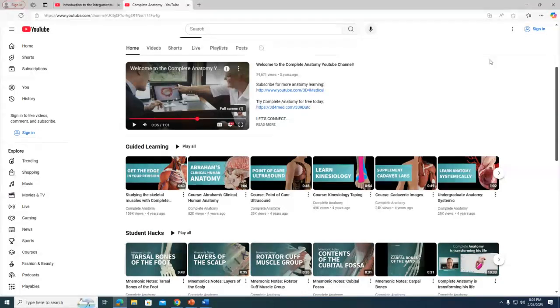Okay, let's identify the major tissue types described below. Lines body cavities, covers body's external surface. So that's epithelium. Pumps blood, that would be muscle, right? Cardiac muscle, so it's muscle. Transmits electrochemical impulses. Nervous.